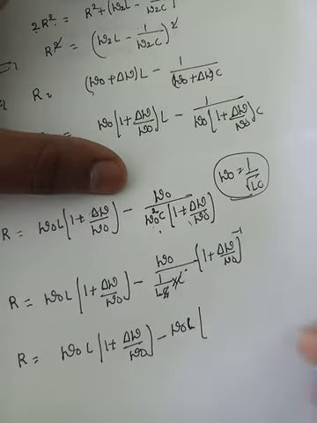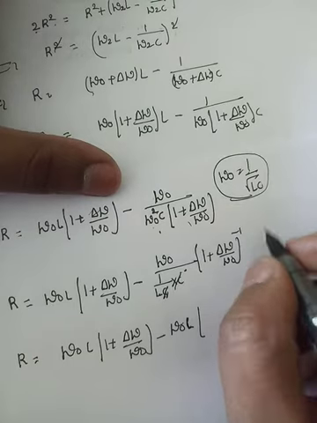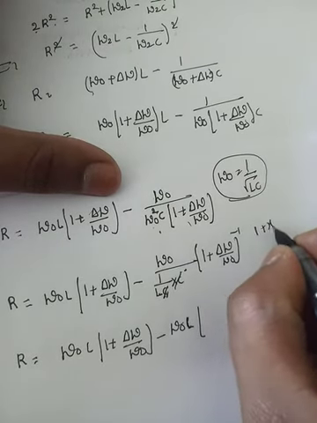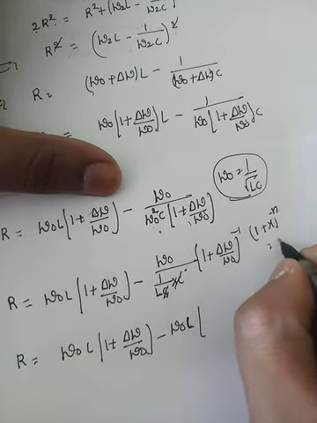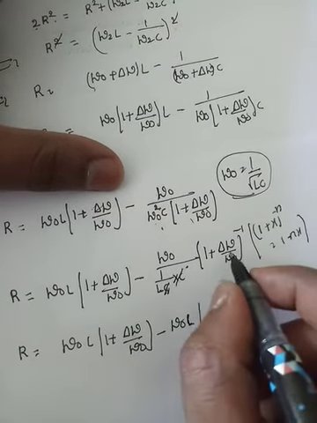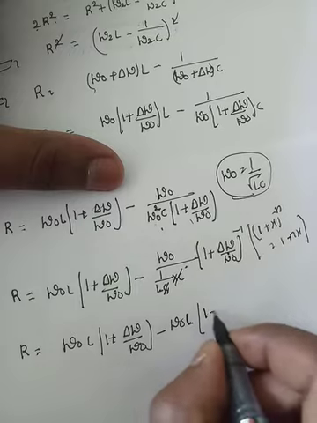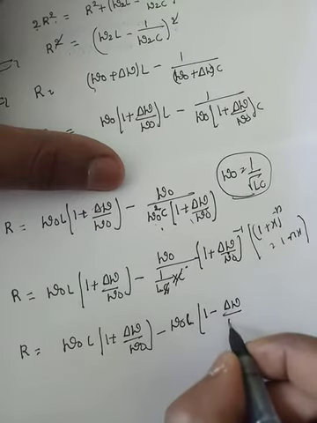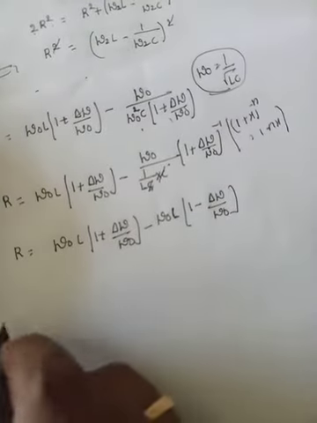So what is the formula here? 1 plus x whole power minus 1 is equal to 1 minus nx. So binomial expansion limiting to only one value, 1 minus delta omega by omega naught. So what is common here?